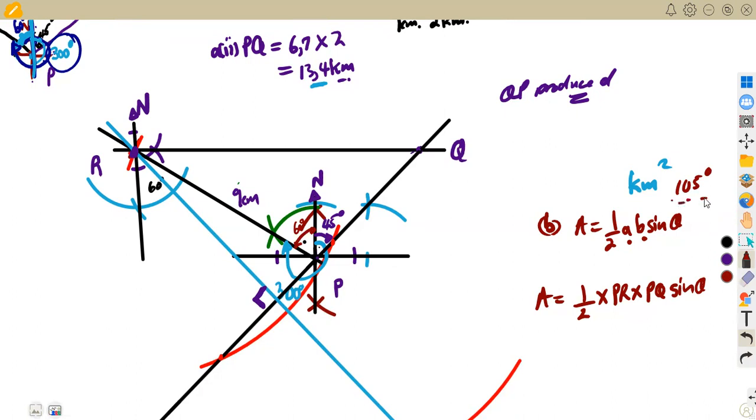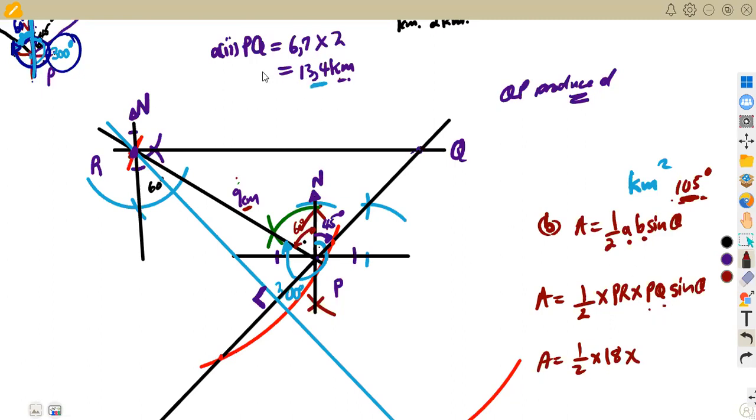Remember, sine is not affected. Sine of an obtuse angle and sine of an acute angle are the same. So area is going to be half of PR in kilometers. This is the 9 centimeters that we got previously from 18 kilometers, or just multiply by 2 to convert to kilometers. So this is 18 kilometers times PQ.